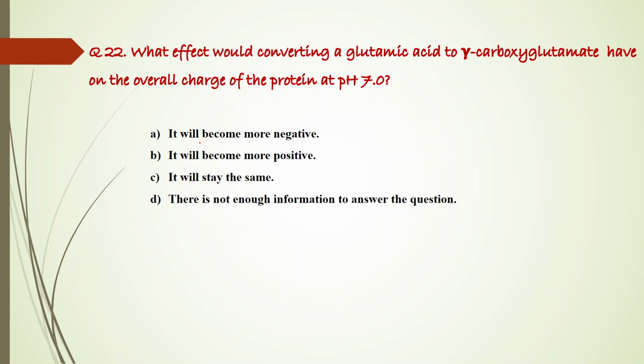Okay. What effect would converting a glutamic acid to gamma carboxyglutamate have on the overall charge of the protein at pH 7?